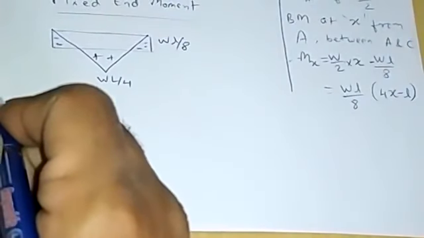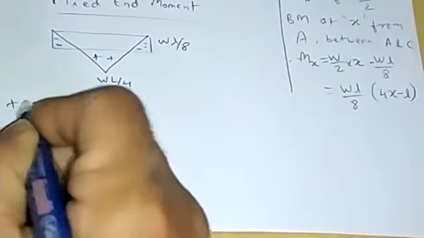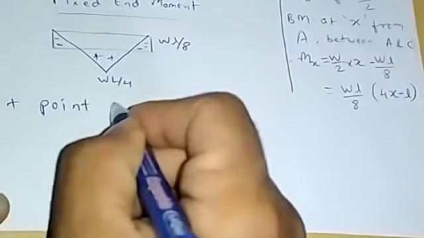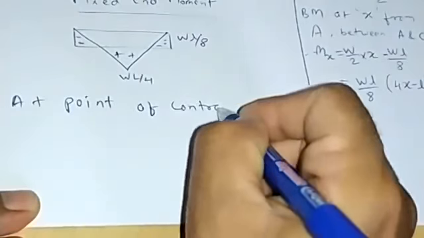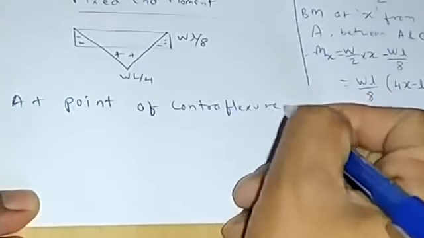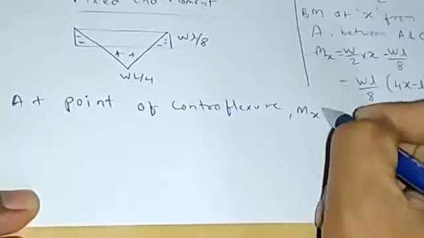Now we know that at the point of contraflexure, Mx is 0.